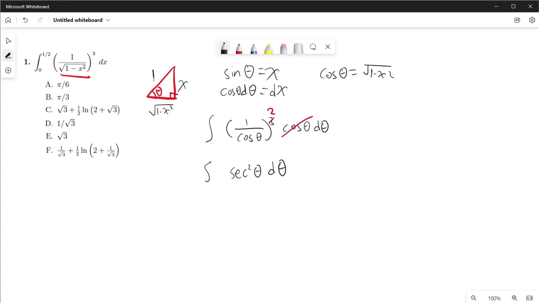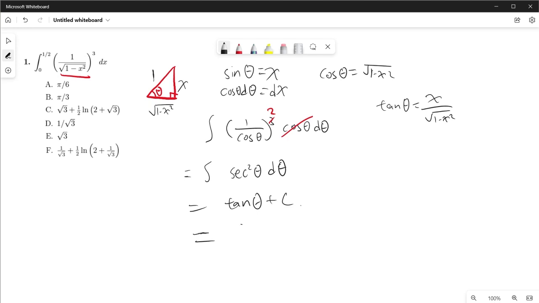And this would be simply tangent theta, right, plus c. And then I can sub it back in, for tangent theta is simply x over the square root.